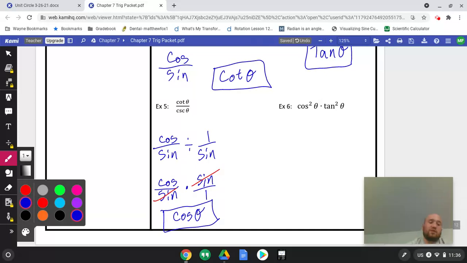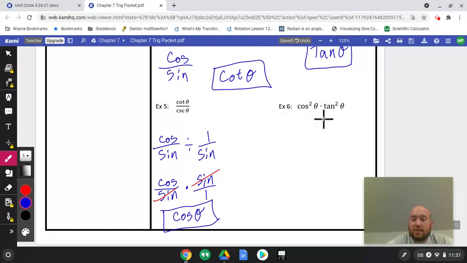Okay, the final one on the front side, notice here we have cosine squared of theta. That's just the same. If we square something, cosine times cosine, it's going to become cosine squared. So it's just the same thing as what we've been doing. We'll have cosine of theta squared over 1 times, now instead of tangent squared, it's just going to be sine squared of theta.